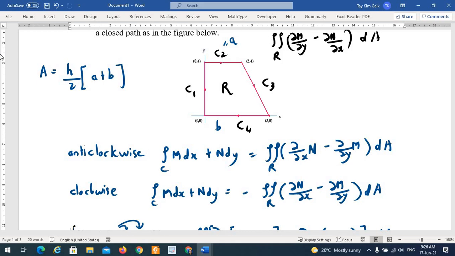In this case, the height is from 0, 0 to 0, 4, so the y is 4. So we have 4 over 2. A, you can swap A and B, it doesn't matter. The length of A is the x coordinate, which is 2. So A here is 2 units. And then the bottom length is from 0, 0 to 3, 0, which is 3 units. Plus 3.